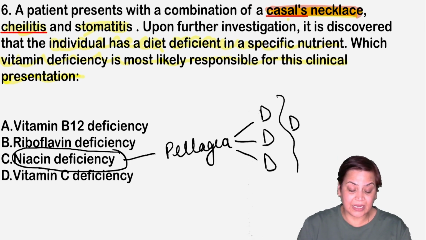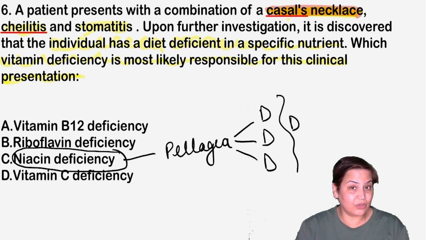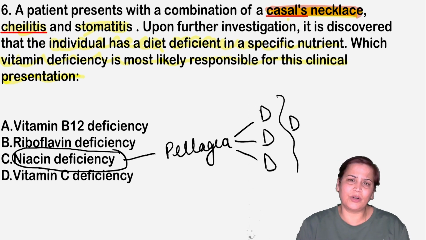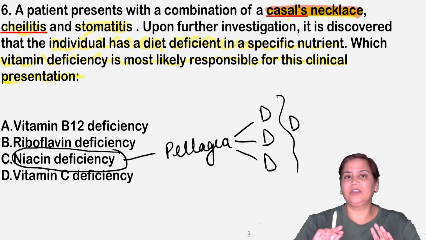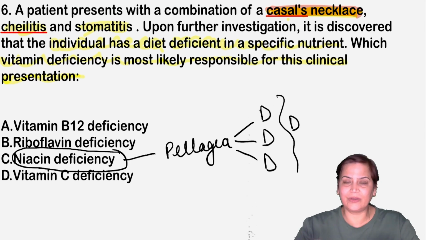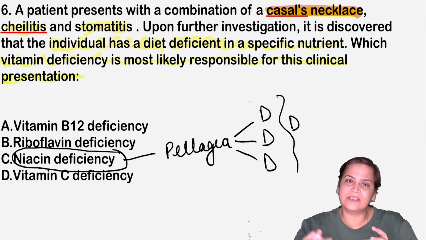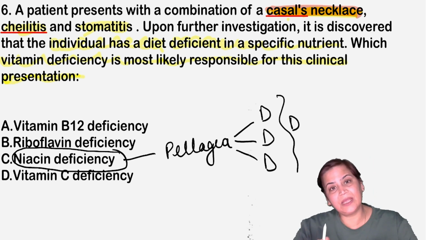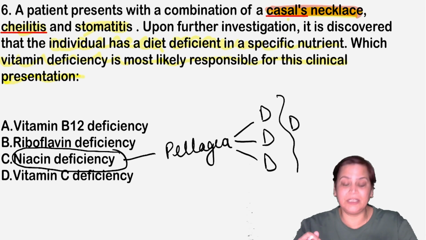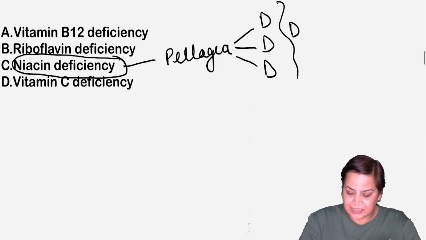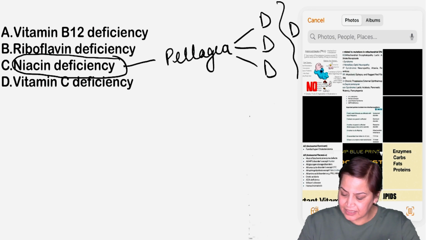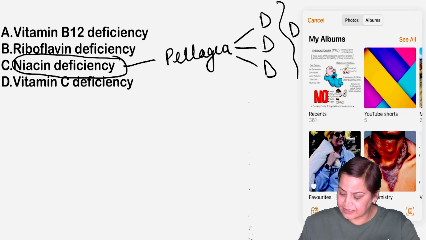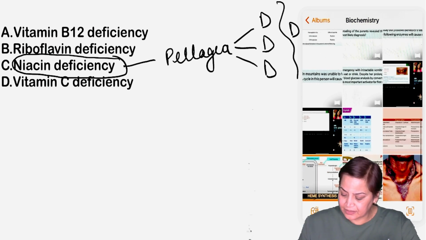And I repeated this question in my rapid revision also. This is a very, very important question. In fact, for the past 2-3 years, this Casal necklace question has been continuously coming. Sometimes it comes in the form of a clinical case, sometimes in the form of an image. And if I show you the image, this kind of image is asked in every exam.